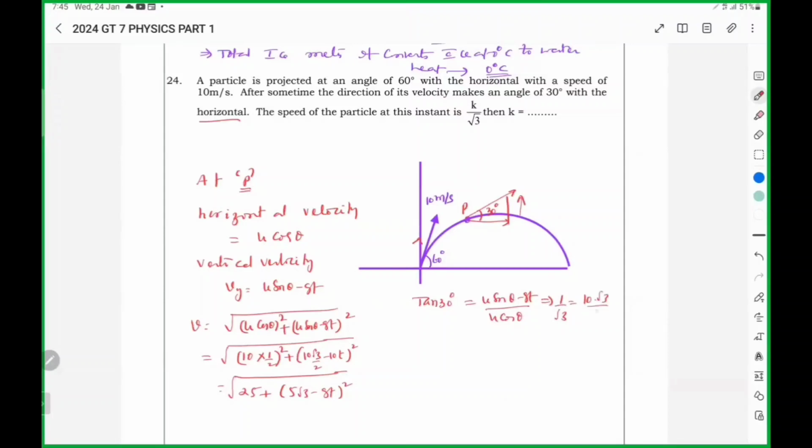That is 10 root 3 by 2, for 60 degrees projected, divided by 10 cos 60, which is 5. So 1 by root 3 is (5 root 3 minus gt) by 5. So gt is 15 minus 5, that is 10 by root 3.